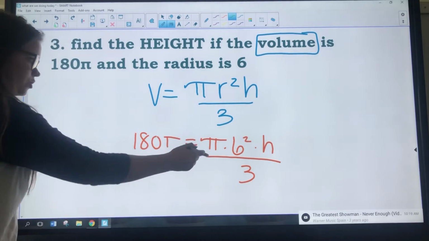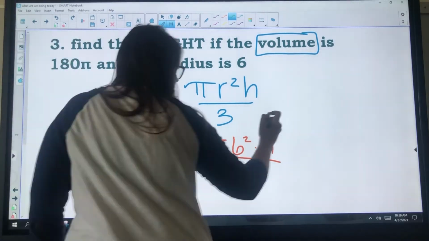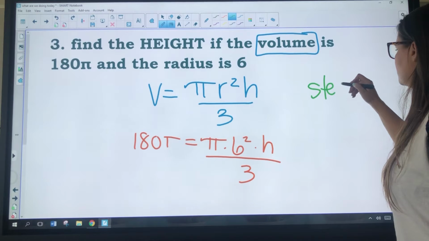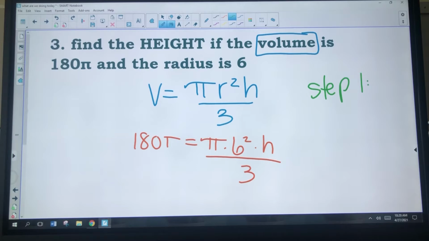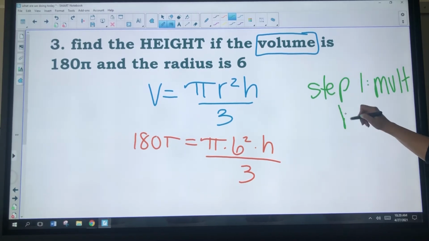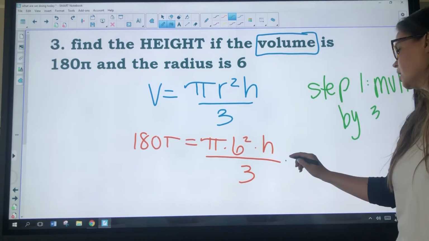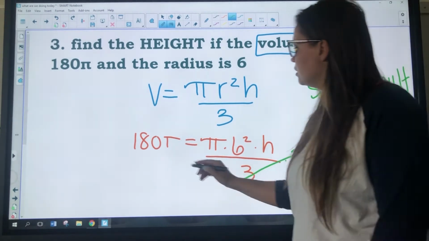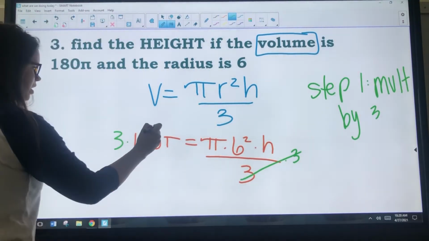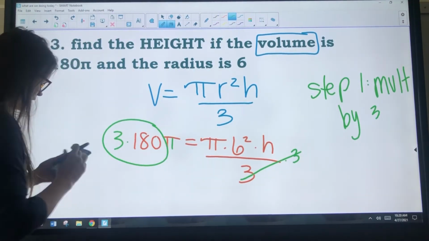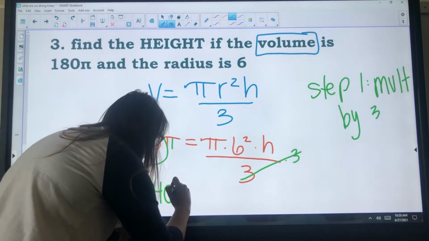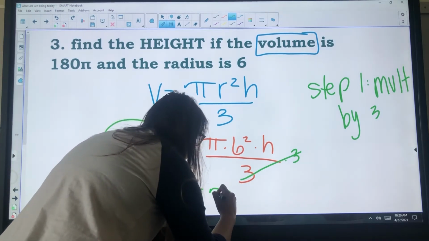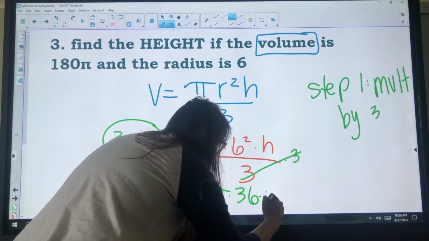So to get rid of the 3, you times both sides by 3. Step 1. This is for people that did not do well in algebra. You multiply by 3. So if you times by 3 on the side, that cancels. You times by 3 again, just hit 3 times 180. You get 540 pi equals pi times 36h.